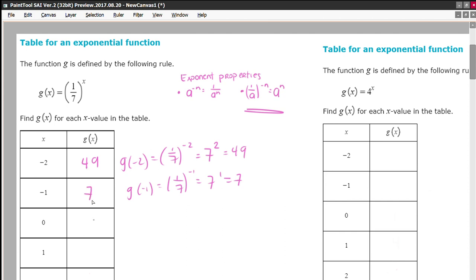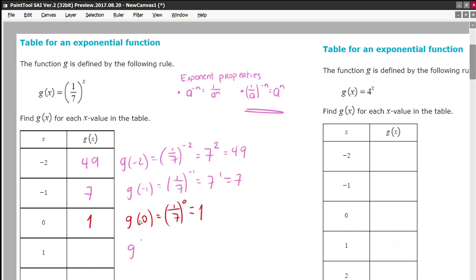Now, notice that if you evaluate this function in 0, this is going to be 1/7 to the power of 0. And remember that any number raised to the power of 0 is 1.